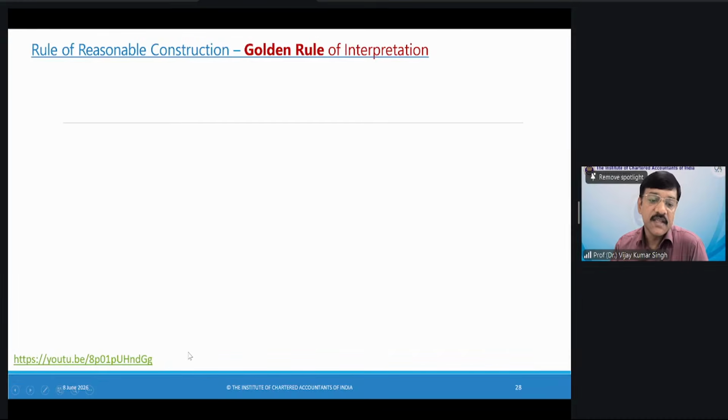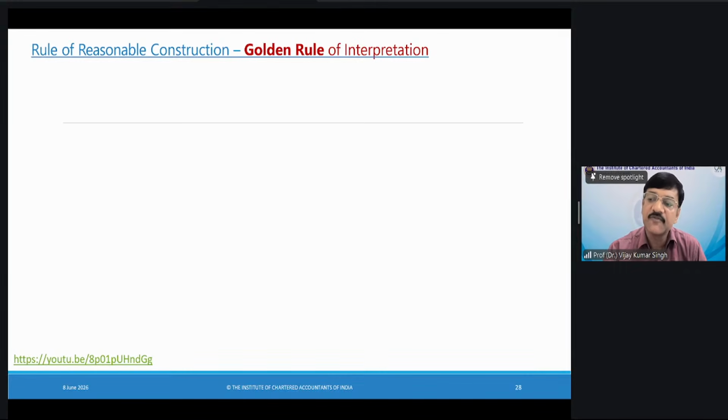Then comes the rule of literal construction. All the principles which we studied are about literal construction. So let us have a quick recap on literal construction. Say, for example, a note comes for 2 marks: explain rule of literal construction. The rule of literal construction says that you read the text of the law as it is.